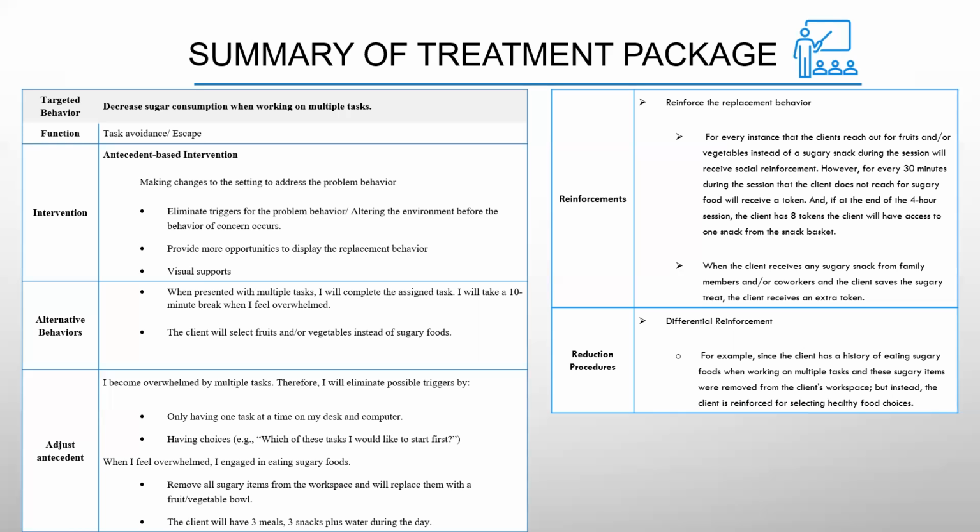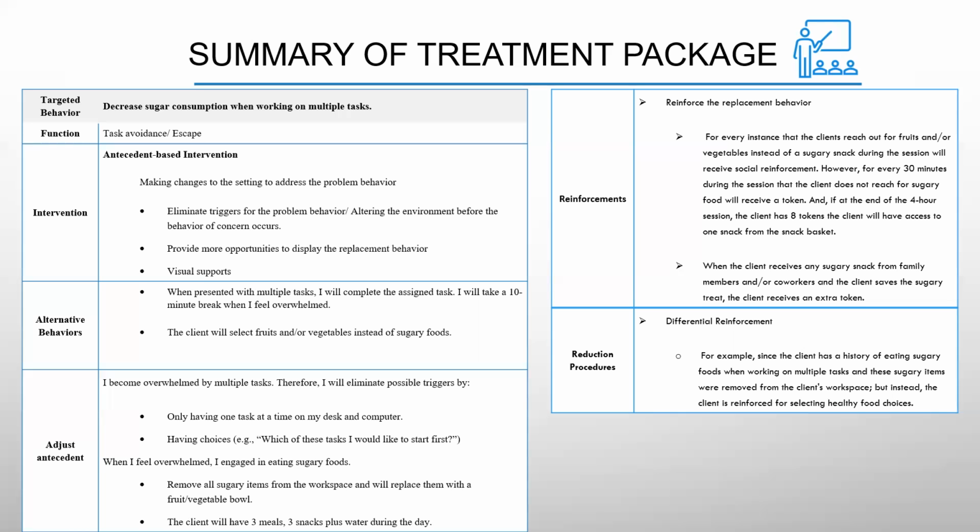And if at the end of the 4-hour session the client has 8 tokens, the client will have access to one snack from the snack basket. And in the snack basket, I had different types of sugar snacks: chocolate, a brownie, maybe a soda, stuff like that. It was a big snack basket.